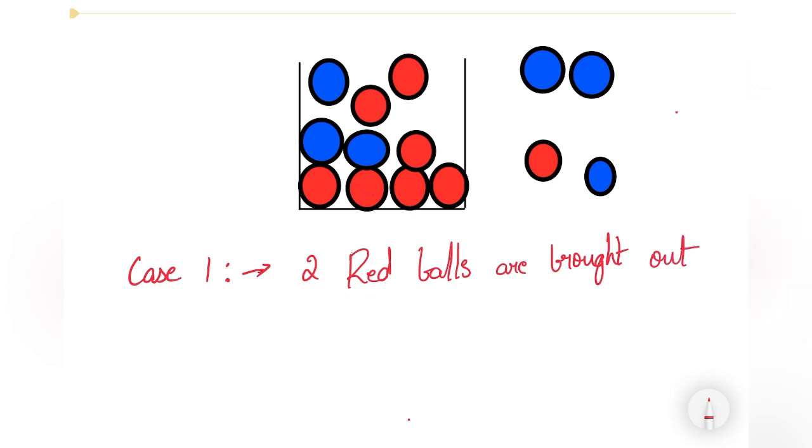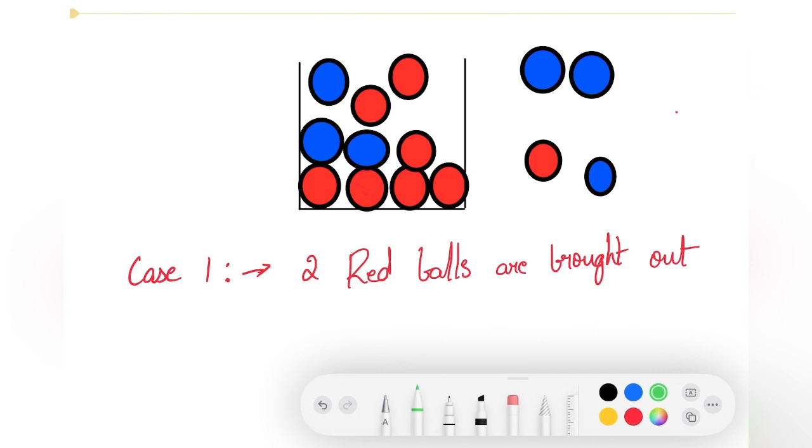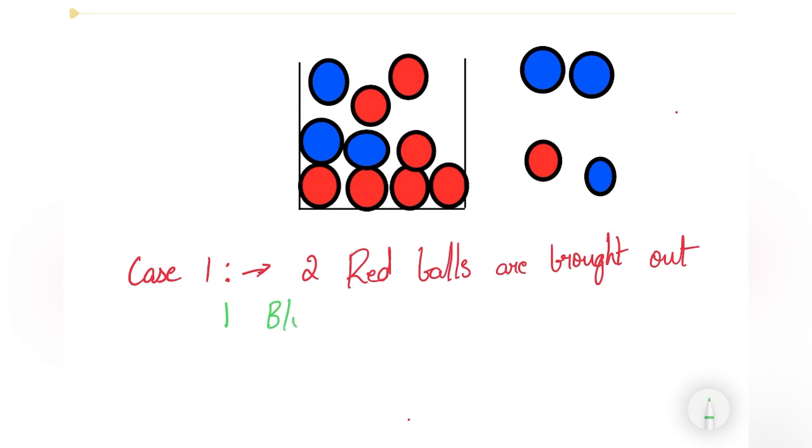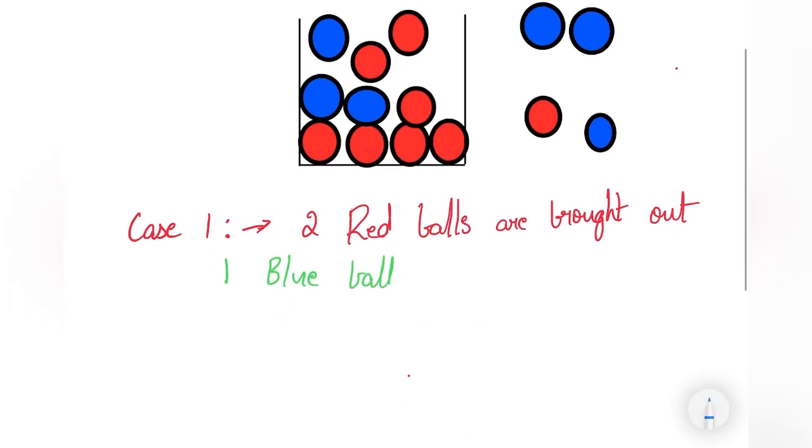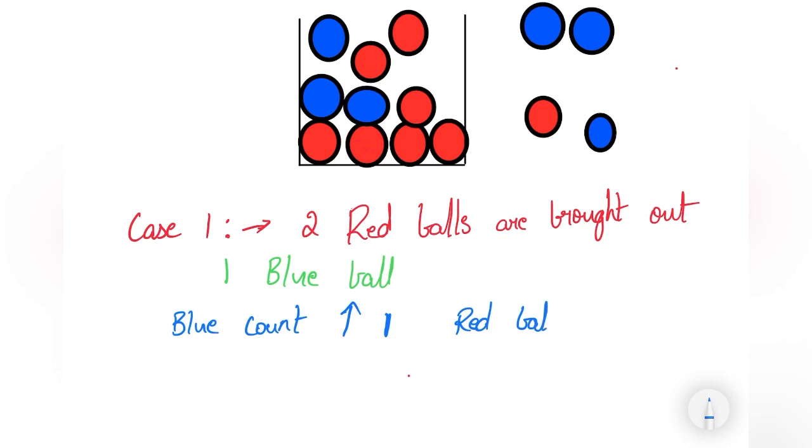In that case, we are placing one blue ball. So if you observe, the blue count increased by 1 and the red ball count decreased by 2.